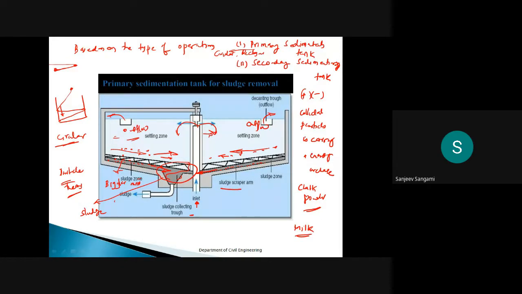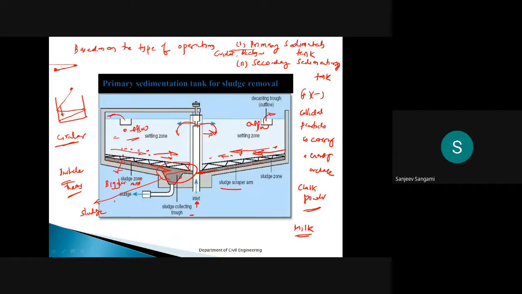For example, if the sludge is not settling easily or not moving towards the sludge collecting trough, the scraper will push whatever solids have settled here along this direction. That is the scraping mechanism. The sludge scraping mechanism will move the sludge towards the sludge collecting trough.